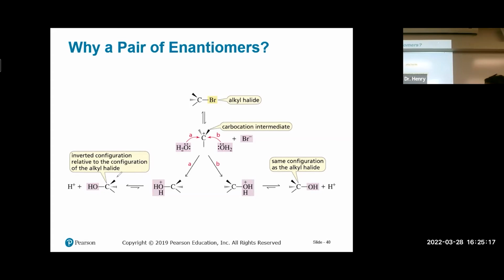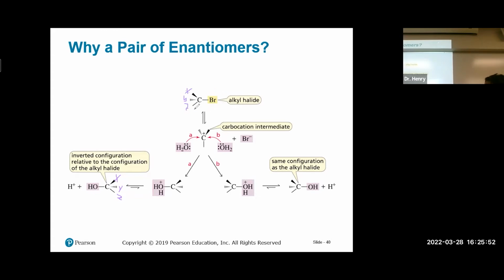So I'm going to call these X, Y, and Z. So we start here, X, Y, and Z.